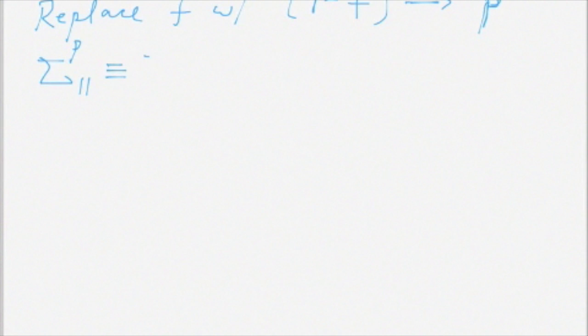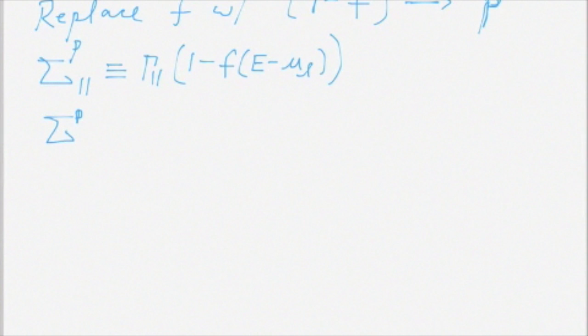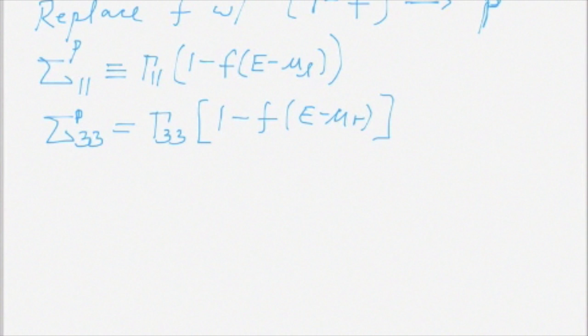It's just gamma 1, 1 times 1 minus f of E minus mu L, and sigma p 3, 3 is gamma 3, 3 times 1 minus f of E minus mu R. And with those two terms, we define our full 3 by 3 matrix.